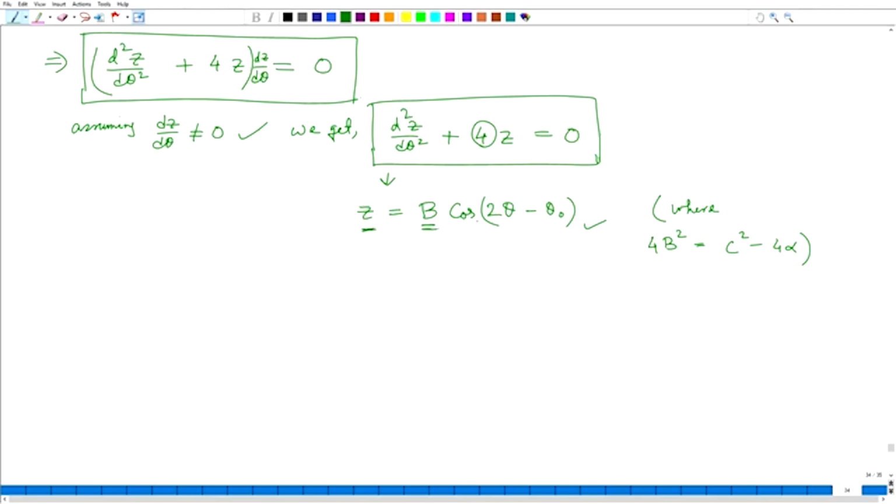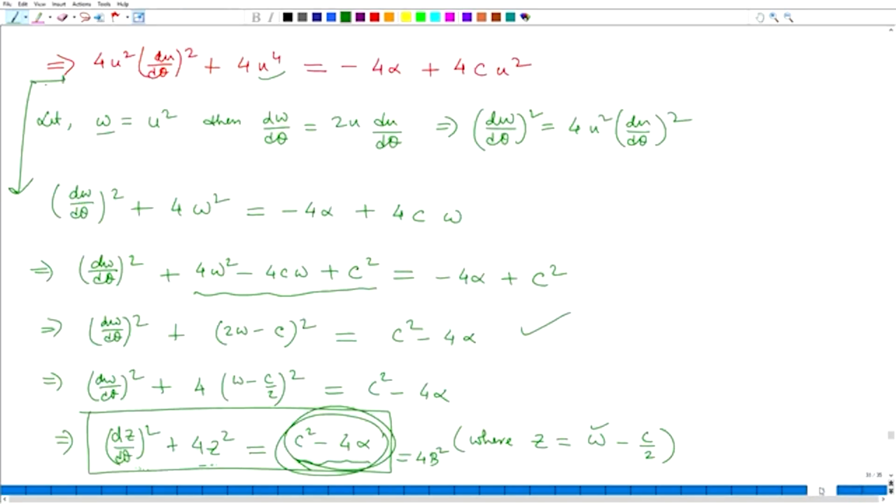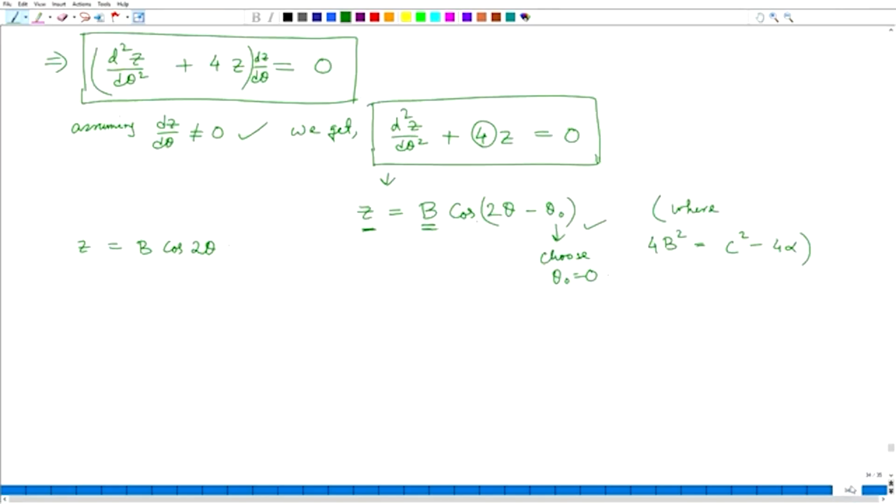Now, you can say that this θ0 I can choose to be 0, and then your z will be equal to b cos 2θ. So, b you know in terms of c² and α: c you know in terms of energy, angular momentum and the mass, and α you know because you know the nature of the force law.